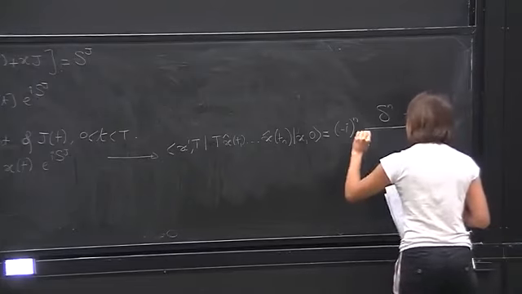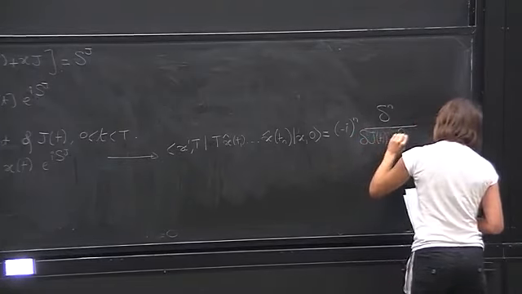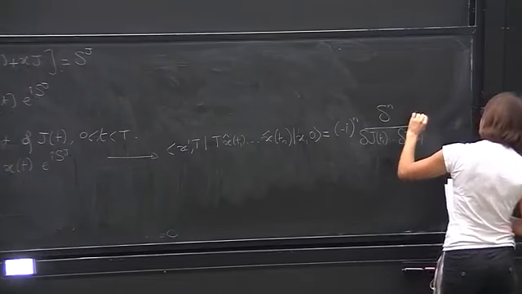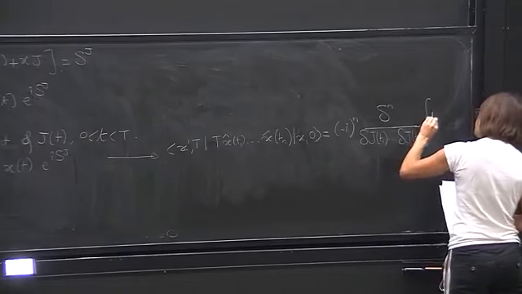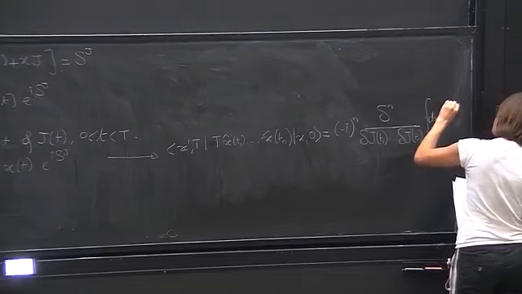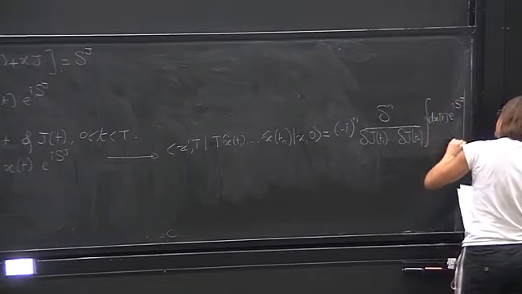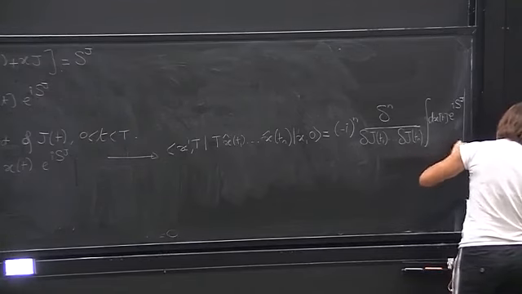So it's a functional derivative acting on the path integral of this action, but then you put j equal to 0.